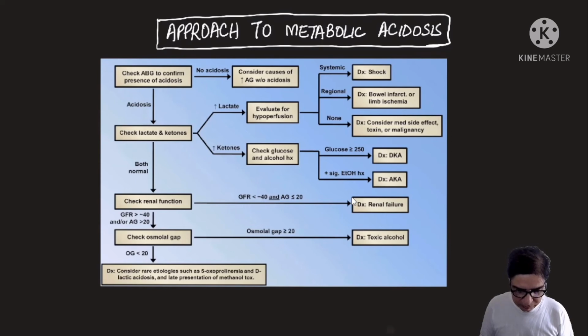If you see that there's metabolic acidosis and there is an increase in lactate levels, then you look for hypoperfusion. There might be shock, there might be sepsis. So again, you have to check for any hypoperfusion. If it is systemic hypoperfusion with tachycardia, low BP, fever, you can think of shock. If it is a regional one, confined to a limb or something, it might be a limb ischemia or bowel infarct.